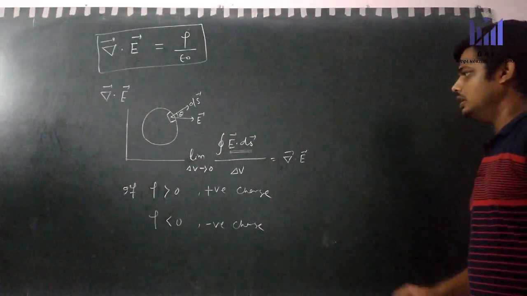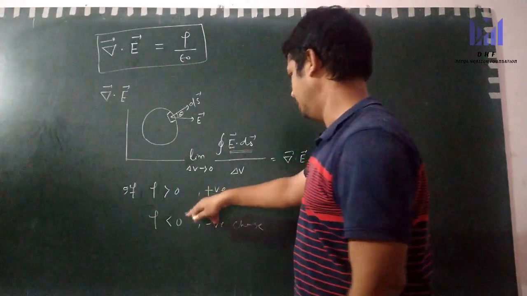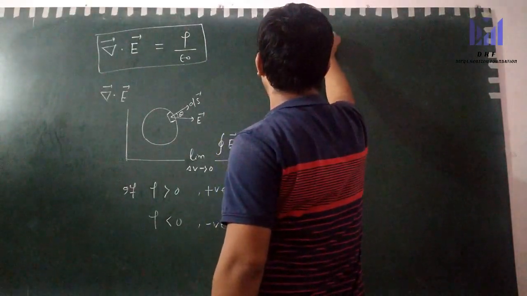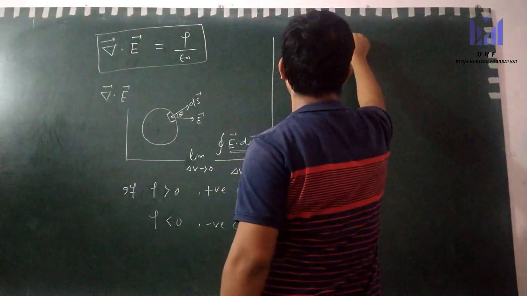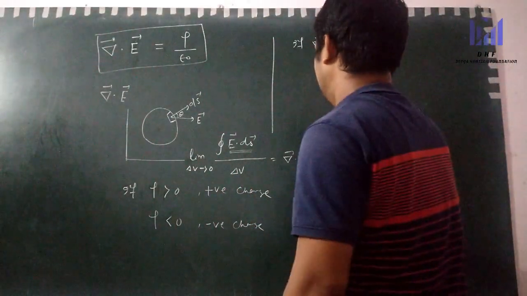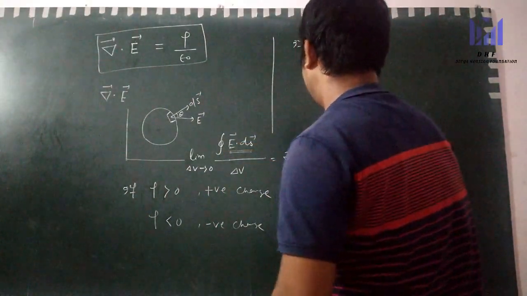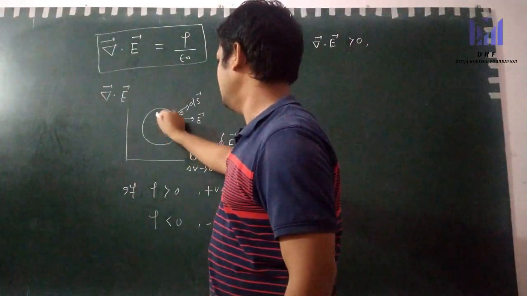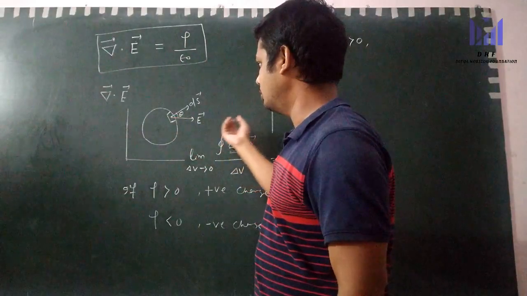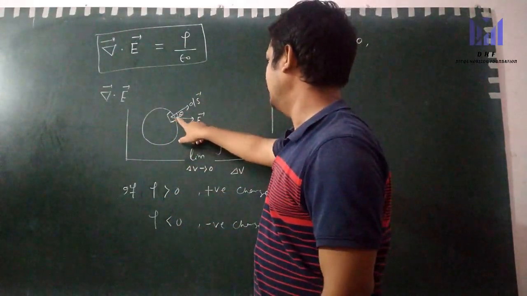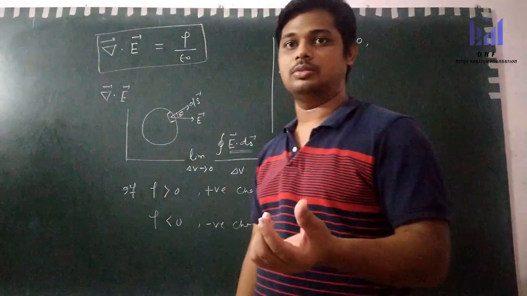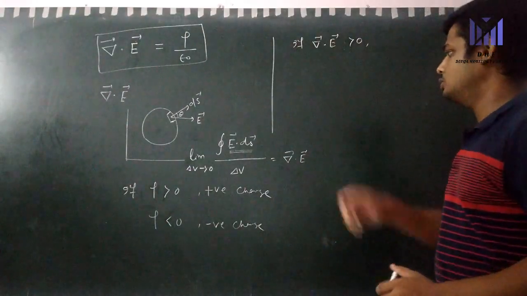If we tell this condition in the opposite sense, we can say that if divergence of E is greater than 0, no matter how small we choose this volume, the integration of E dot ds must be greater than 0, so there must be a positive charge inside this small volume, because if there is a positive charge inside this small volume, it will generate electric lines of force in the outward direction, and the angle between the electric field and the surface vector will be an acute angle, and the cosine of an acute angle is always positive, so E dot ds will be positive everywhere.